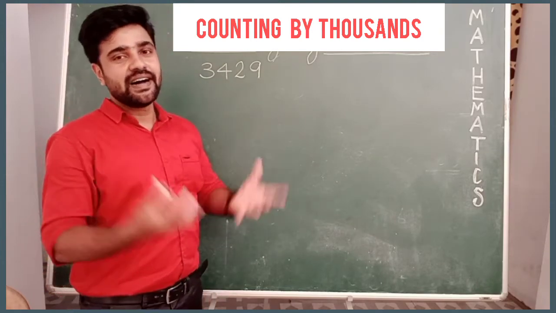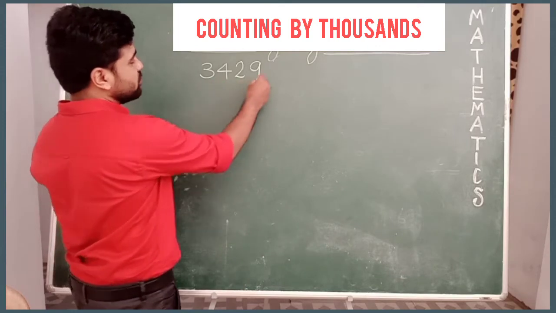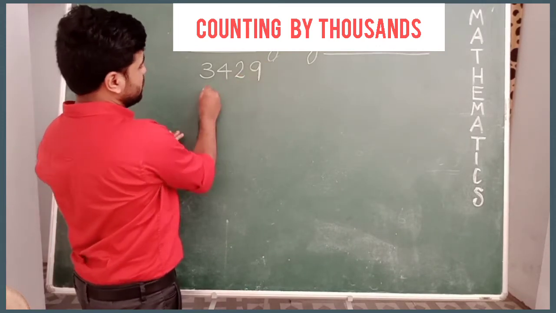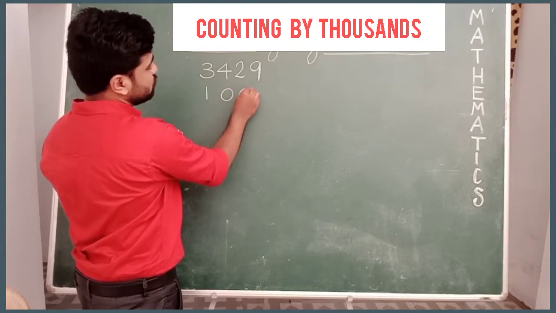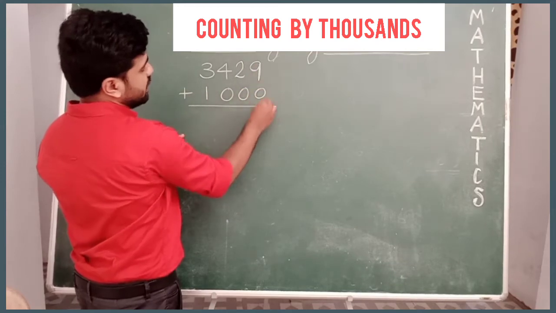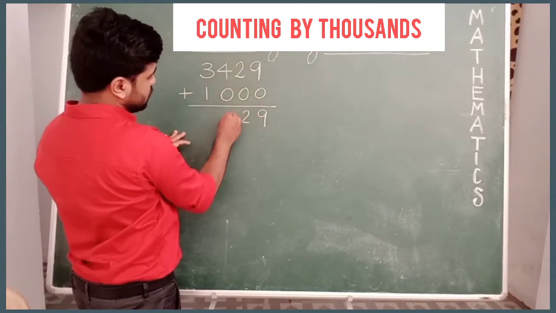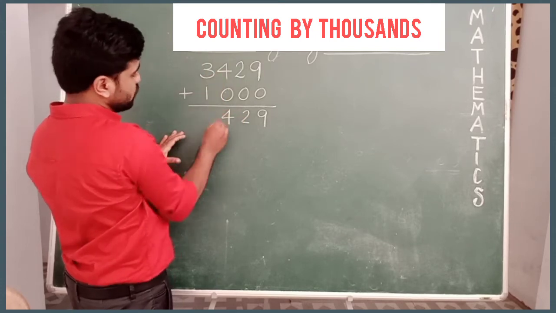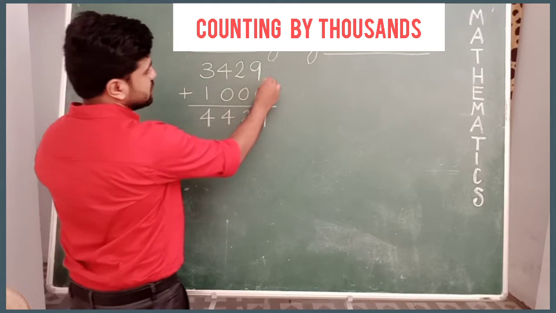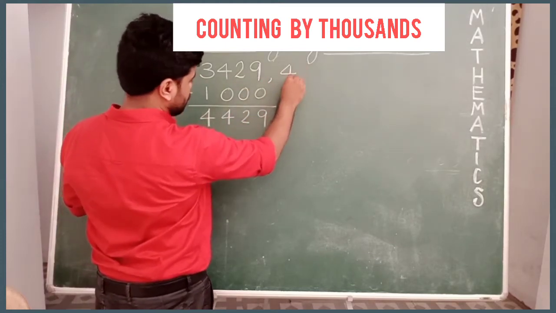Very easy, add 1000 to the given number. 9 plus 0, 2 plus 0, 4 plus 0, 3 plus 1, 4. This is the first number.